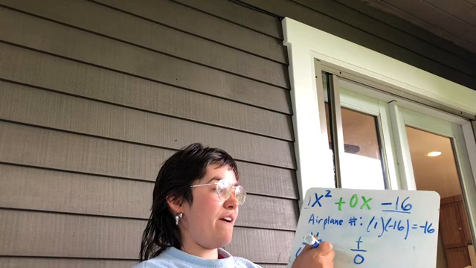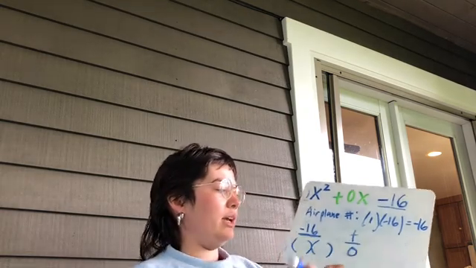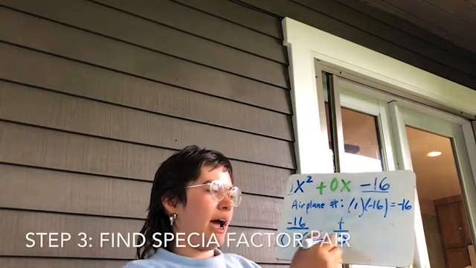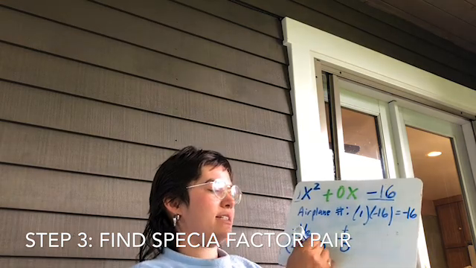These two numbers are a very special type of a factor pair. Here, my two numbers that multiply to 16 and add to 0 are 4 and negative 4.